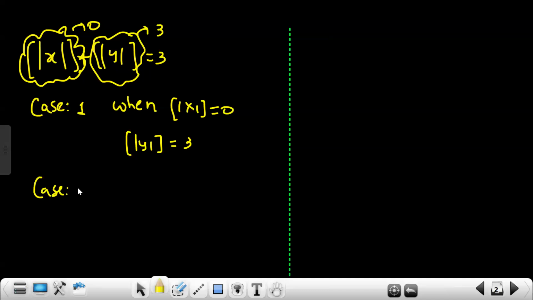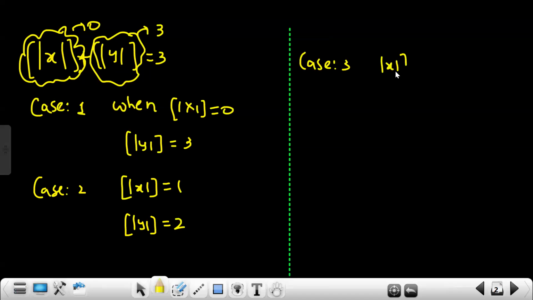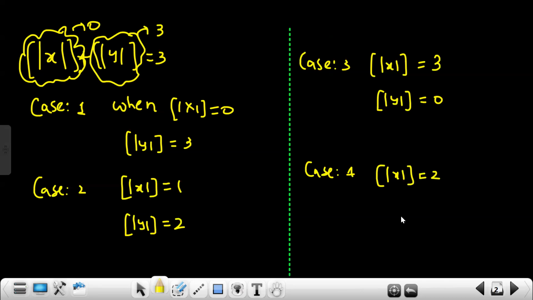Second case: when this is 1 and this is 2. Third case: when greatest integer of mod X is 3 and greatest integer of mod Y is 0. Fourth case would be greatest integer of mod X as 2 and greatest integer of mod Y as 1.